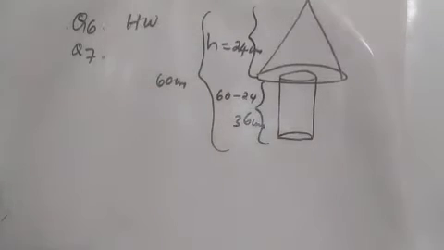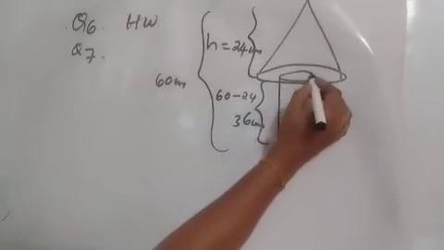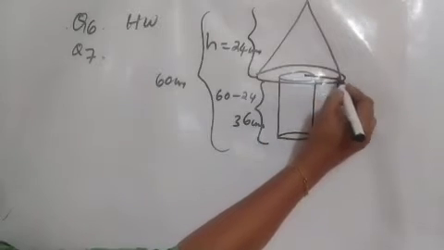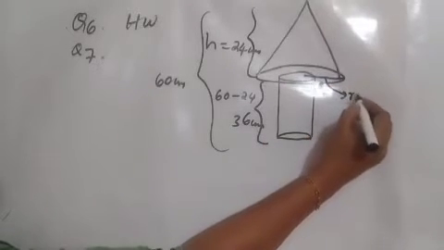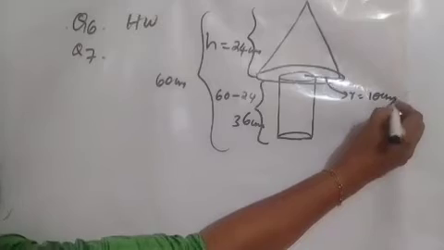Yes, 60 minus 24, 36 centimeter. Okay. And the radius of the base of the cone is twice the radius of the base of the cylinder, which is equal to 10 centimeter. Radius of the cone, this one, is 10 centimeter.